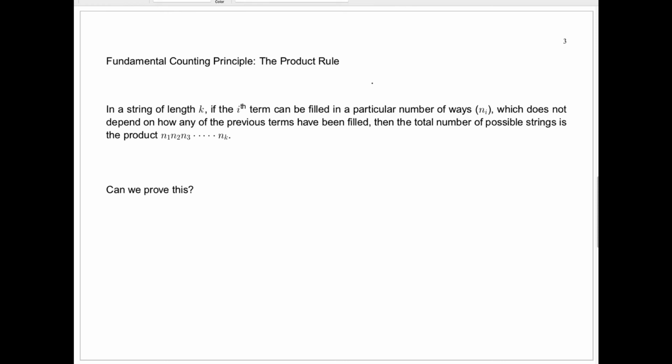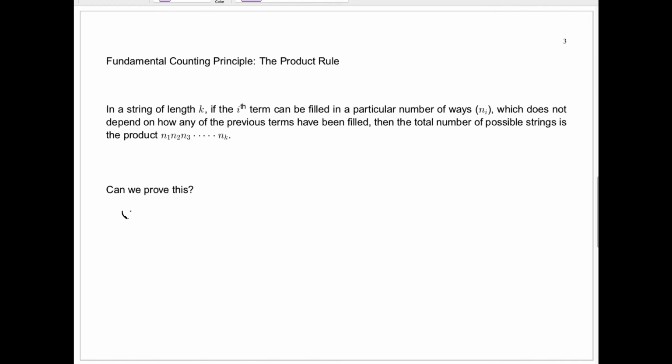If you take those all as a given, then we want to prove by induction on the variable k, which represents the length of the string, that the number of ways of producing such a string is this product, n1, n2, n3, up to n sub k.